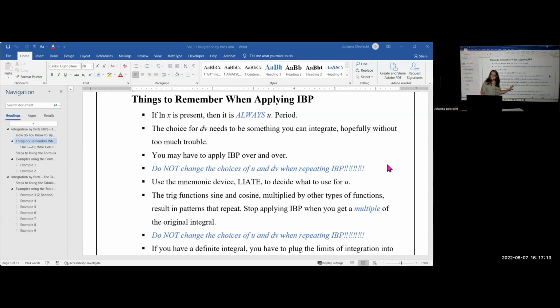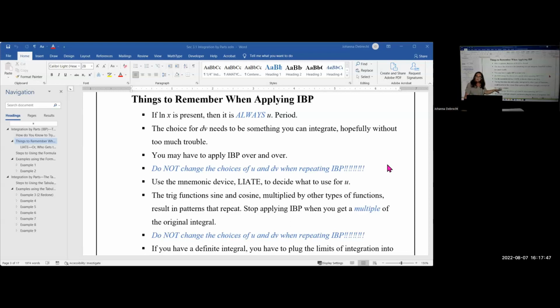What if it were part of dv? Well, it's the same thing. You're undoing this pattern, moving backwards instead of taking the derivative. You're integrating, but you're still going to get a pattern that repeats and comes back to the original every 4, and gives you a multiple of the original every 2 times you do it. And so when we have trig functions involved, we want to stop applying integration by parts when we end up with a multiple of what we first started with, of the original integral.